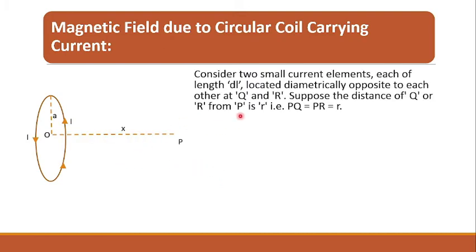Consider two small current elements, each of length dl, located diametrically opposite to each other at points Q and R, and suppose the distance of Q or R from P is small r, that is PQ is equal to PR is equal to r, and therefore r is equal to square root of (a square plus x square).